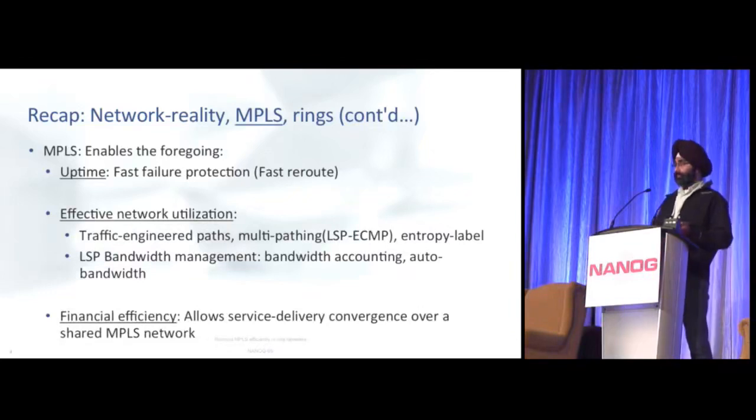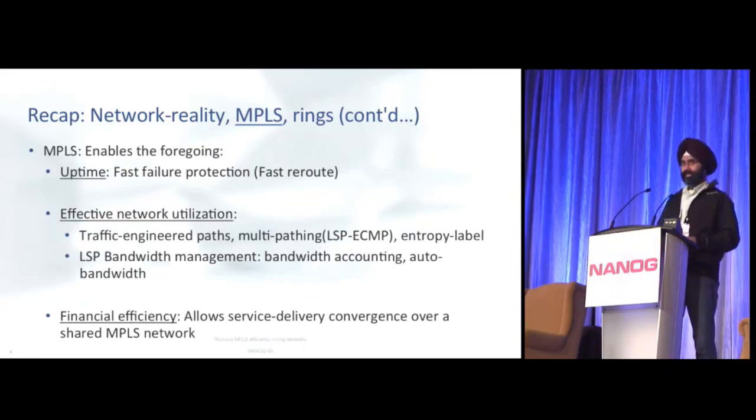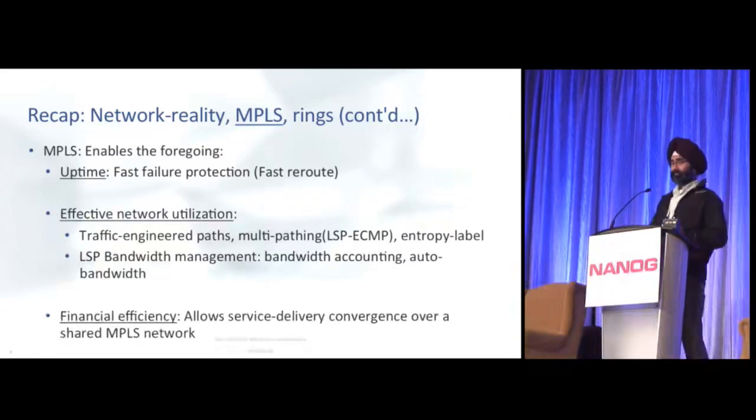So MPLS enables uptime by having fast reroute. So basically it gives you typically under 50 milliseconds of restoration for your traffic. So it enables uptime. Now, in regards to enabling effective network utilization, MPLS enables that as well. By using RSVP-TE LSPs, you're able to traffic engineer paths through your network, paths that may not be the shortest paths, but yet maybe the underutilized paths over which you carry traffic.